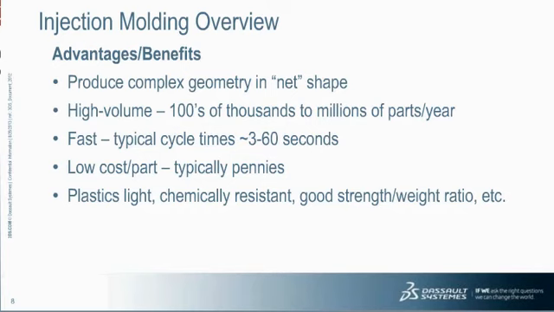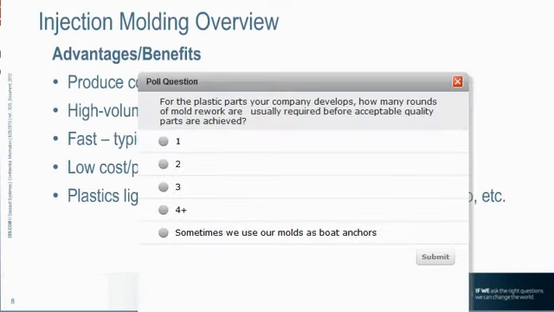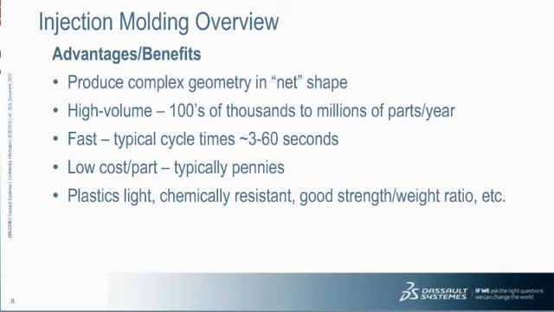All right, before we move on, another quick poll question for everybody. For the plastic parts your company develops, how many rounds of mold rework are usually required before acceptable quality parts are achieved? 1, 2, 3, 4 more, or building boat anchors? That's Peter's favorite answer.